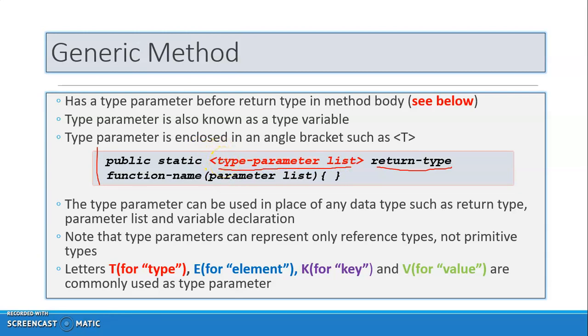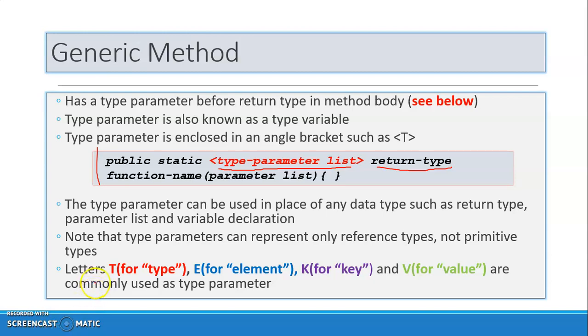We can now use this generic parameter, or the parameters specified here, in our function in place of a data type. What we place inside usually is one letter, T, but you can have more than one letter. We use one letter to differentiate it from variables or constants.